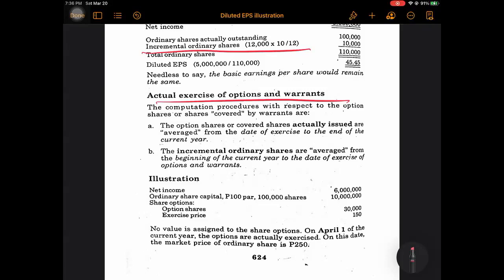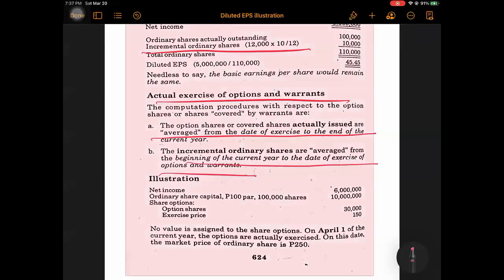So the computation procedures with respect to the option shares or shares covered by warrants are: the option shares or covered shares actually issued are averaged from the date of exercise to the end of the current year. For the actual exercise, you base your computation of basic earnings per share on it. And for the incremental ordinary shares, average from the beginning of the current year to the date of the exercise of the option.